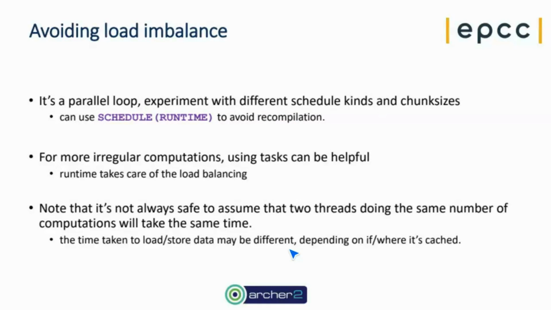The point to note is that if we do find we have a load imbalance, then looking at the code and wondering where it comes from, it's not necessarily always safe to assume that 2 threads doing the same number of computations will take the same amount of time. So even if all our threads appear to be doing exactly the same computation, so we've got a parallel loop where every iteration does the same thing, and you use a static schedule, does that necessarily balance the load?